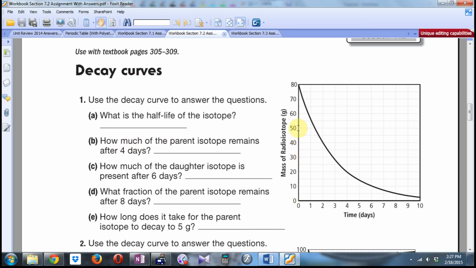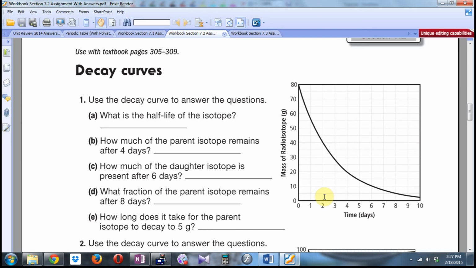Well, we're starting with 80 grams. What's half of 80 grams? 40 is right here, and if I read across, 40 grams occurs how many days in? The half-life would be 2 days. Okay? Half-life would be 2 days.